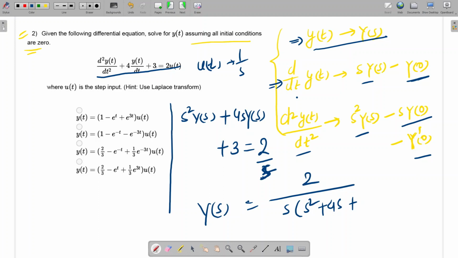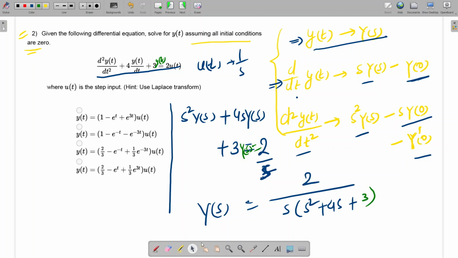That 3 should be multiplied with y(t), otherwise it would be 3 into y(s). Here I think some mistake is there in the question. It should be 3 into y(t). Okay, then it will be 3Y(s). So Y(s) times s squared plus 4s plus 3 equals 2 by s.